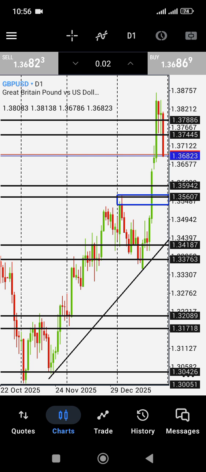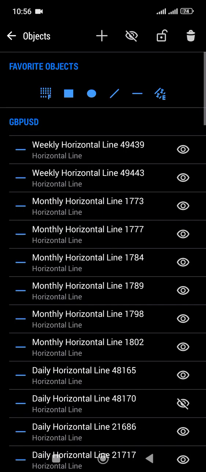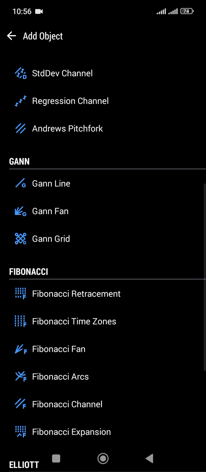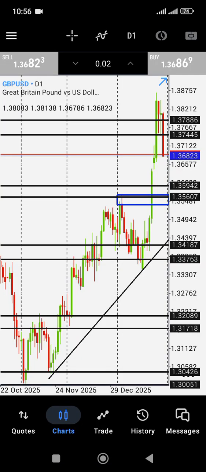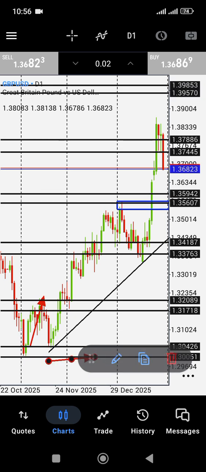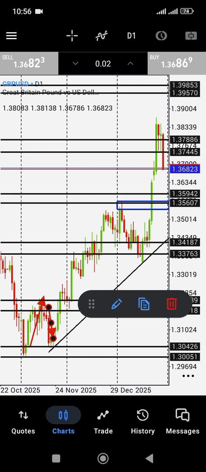So here is GBPUSD. We can see that from here, price is making a series of higher highs and higher lows.